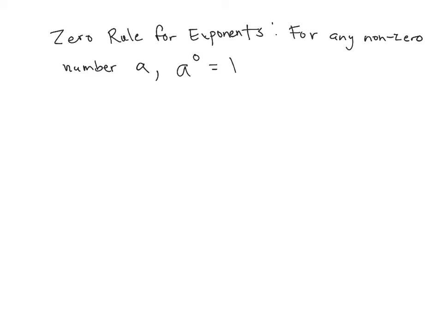So if you ever raise any number to the power of 0, it's always going to be equal to 1. And that's going to help us throughout the day with our simplifying.